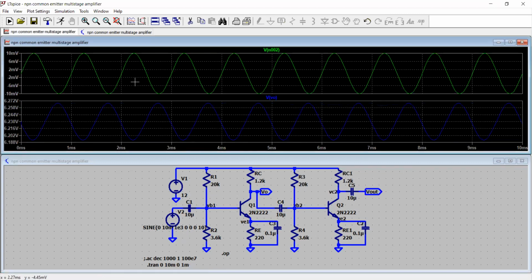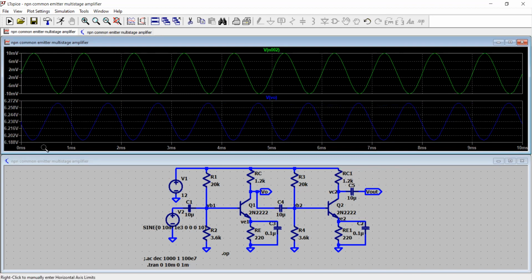So obviously my output is an inverted form of the input because it's the inverting amplifier, and the DC bias level of the input is 0 and it is going to 10 millivolt. The DC bias level of the output is about 6.2 something, and then I have this peak value.